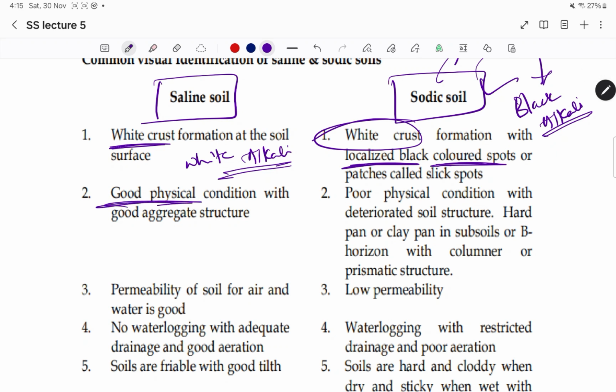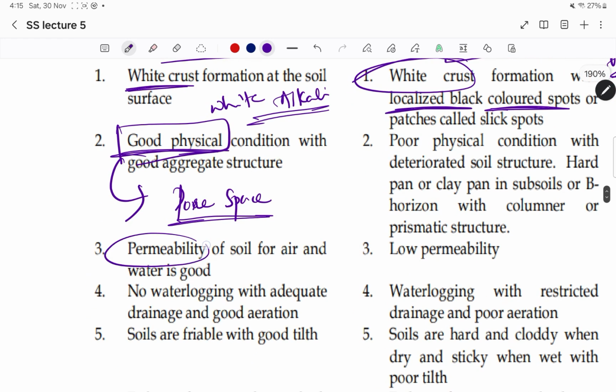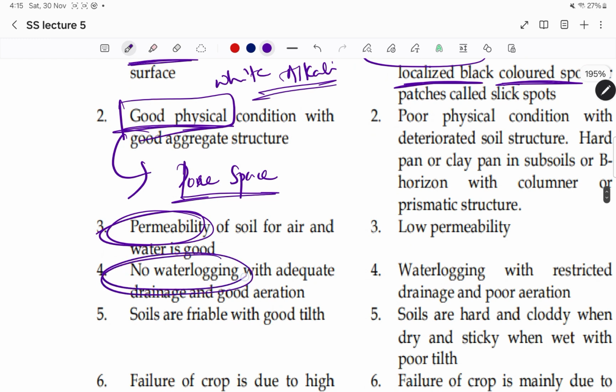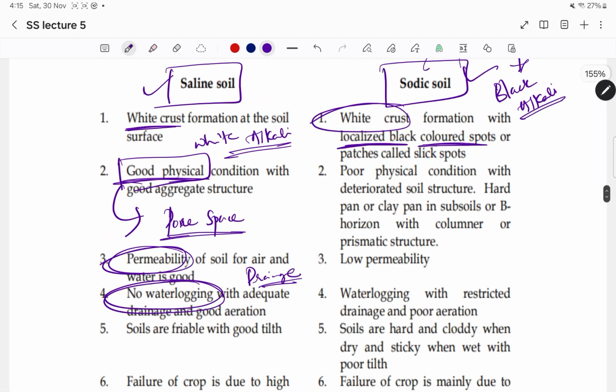Here the saline soil has a good physical condition, meaning there will be adequate pore space. If there is adequate pore space, there will be good permeability. There is no water logging because there will be good drainage. Remember this, saline soils have good physical characters, whereas the sodic soils are poor in physical condition, because of the deflocculation.